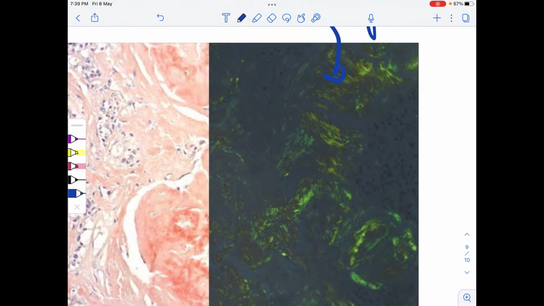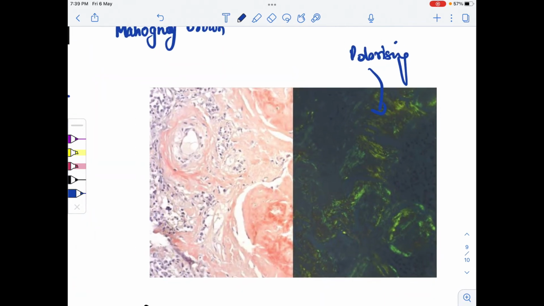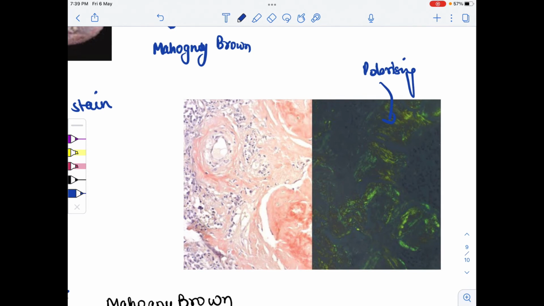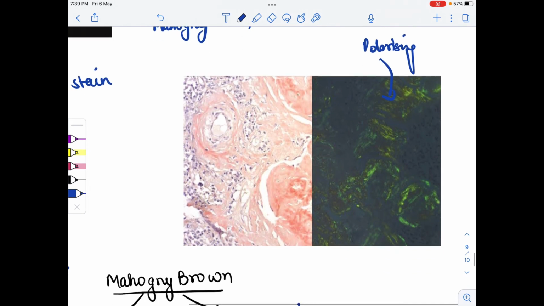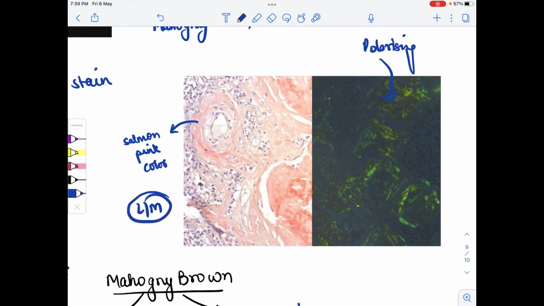We see an apple green birefringence color. So please remember, apple green birefringence is seen on the polarizing microscopy. And in this one, we see a slight pink color. That one is the salmon pink color, and it is seen on the light microscopy. So this one is on the light microscopy, and this one is on the polarizing light.